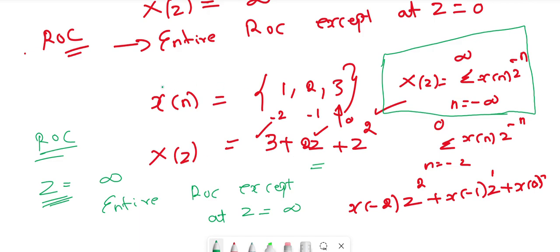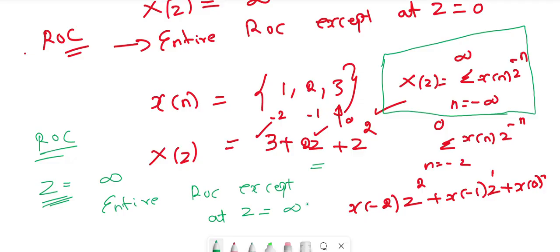The condition for ROC is all the values of z for which X(z) is finite or converges. So for this equation, the ROC is the entire z plane except z equal to infinity.